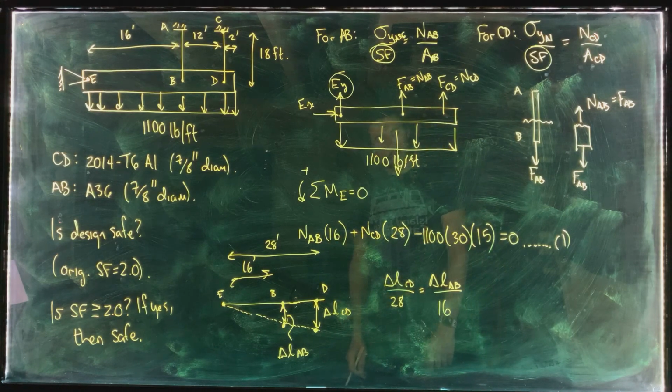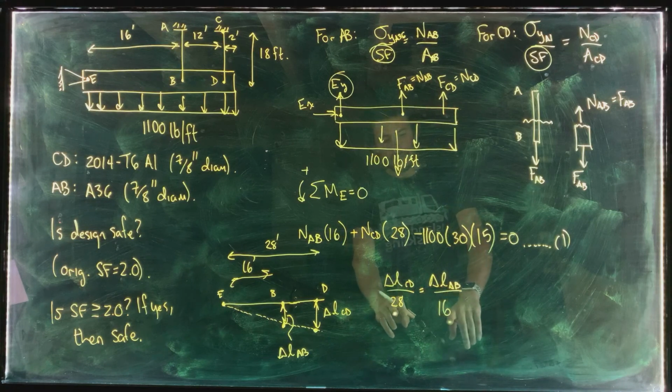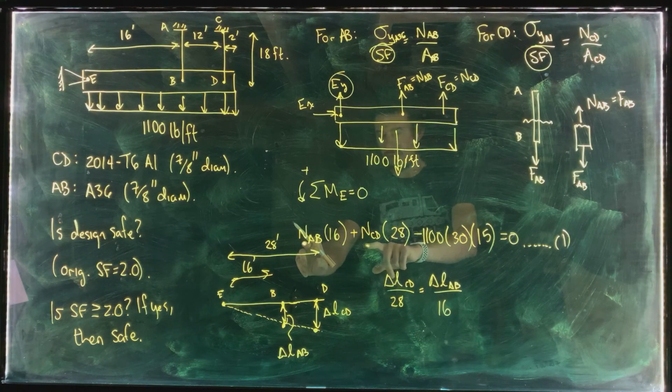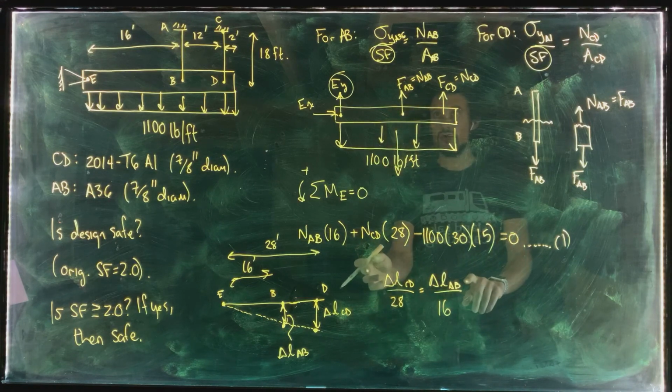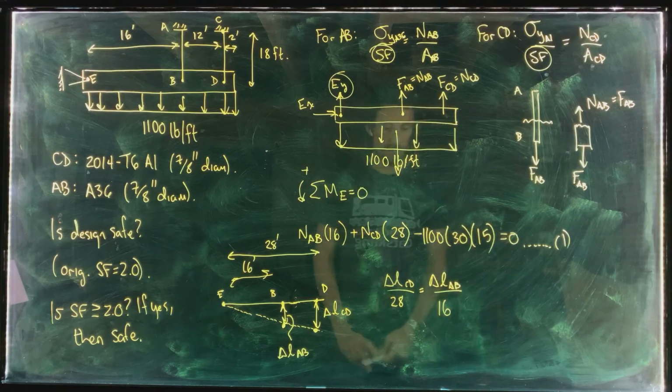And now we can use that to build up a second equation that's also going to have the variables of internal normal force by using our equation for axial deformation to expand this, okay?